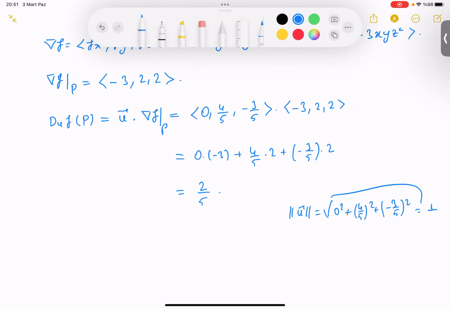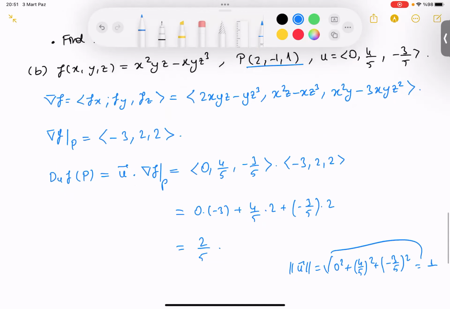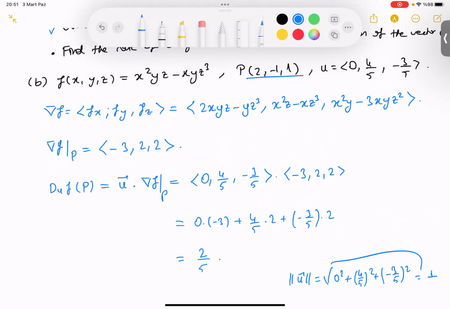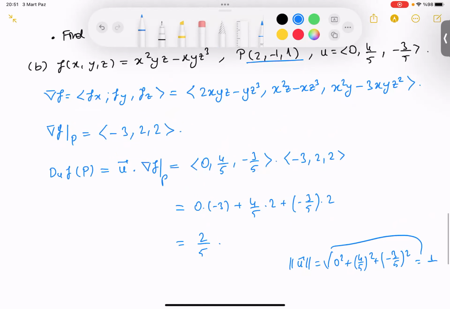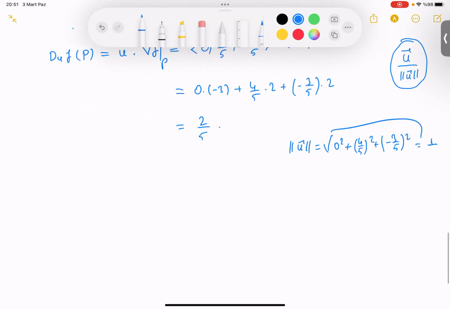So it's a unit vector. That's why we directly took the vector u. If not, you can divide the given vector by its length. So in this case, the vector you will obtain is always a unit vector. But here we didn't need that because the given vector is already a unit vector.